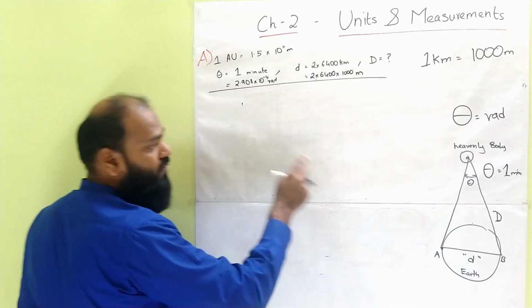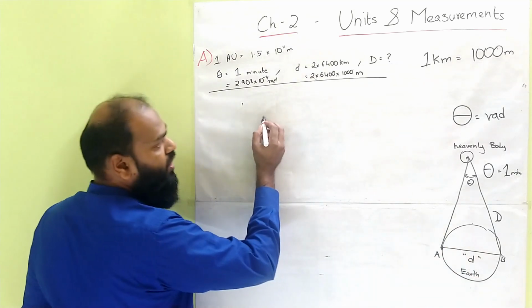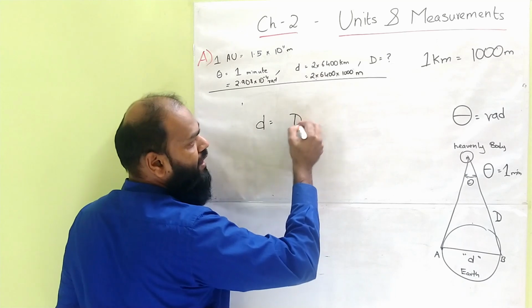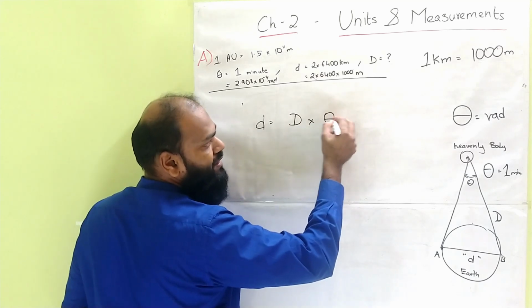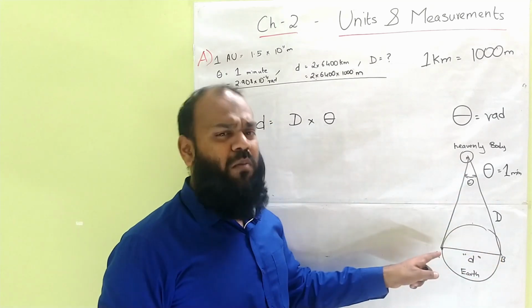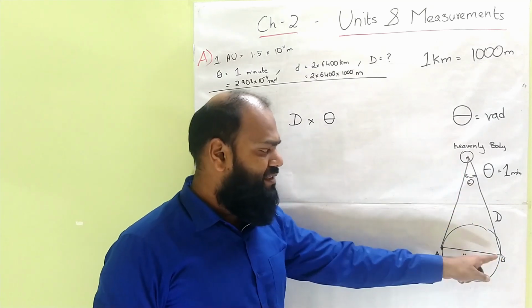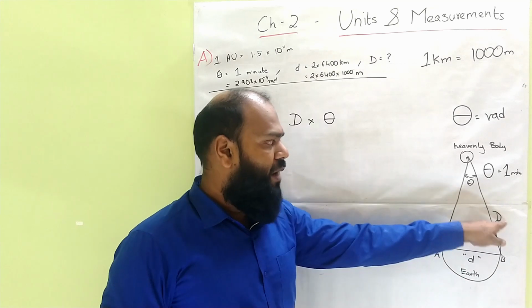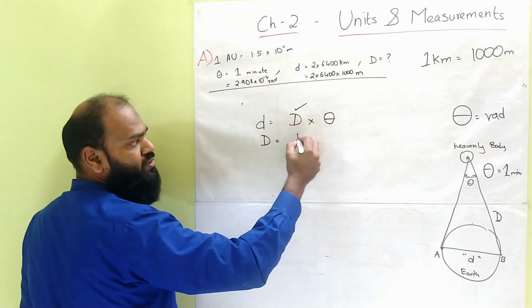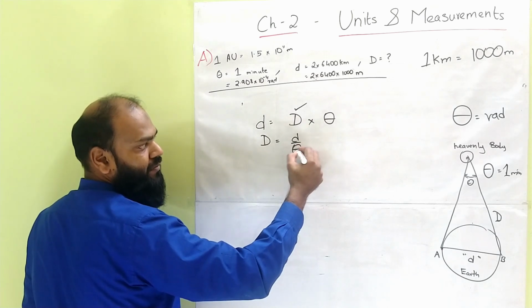We know the formula that small d equals capital D times theta. This is the formula we have seen before. It is a simple formula for the arc of a circle: d is equal to D theta. This is a standard formula. So capital D is equal to d by theta.